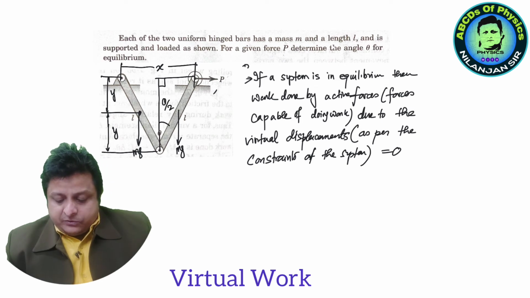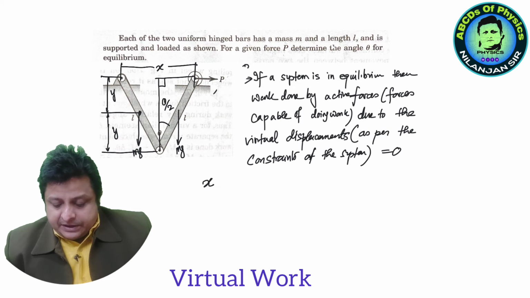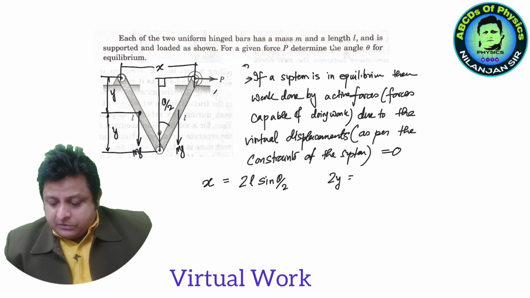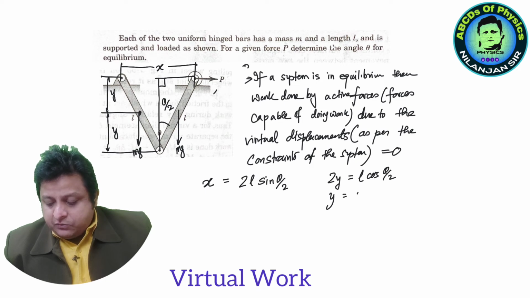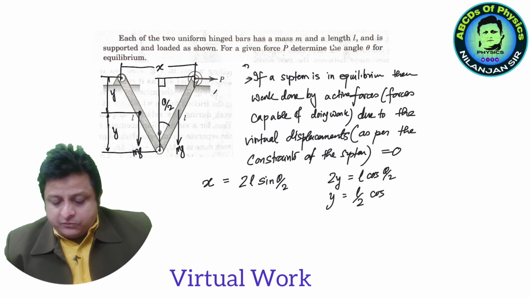So x equals 2L times sine theta by 2, and 2y is equal to L cos theta by 2. That means y is equal to L by 2 times cos theta by 2.